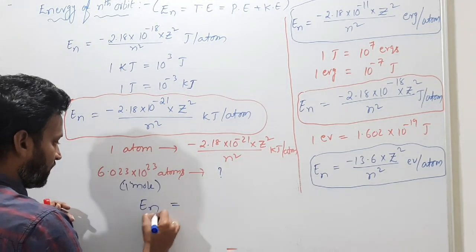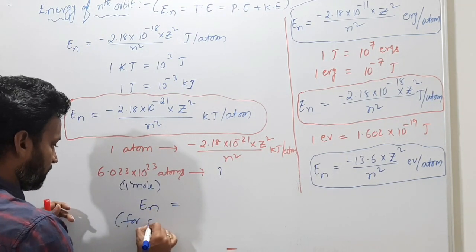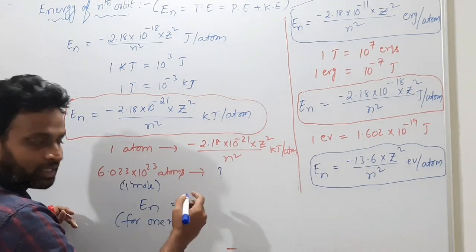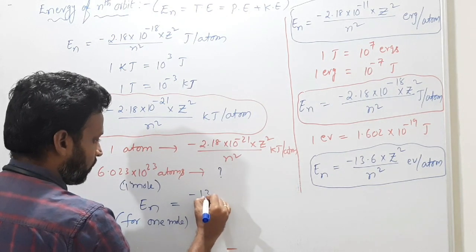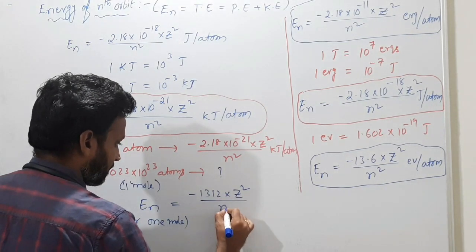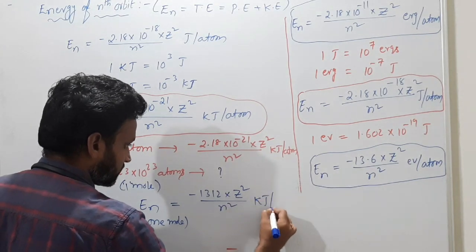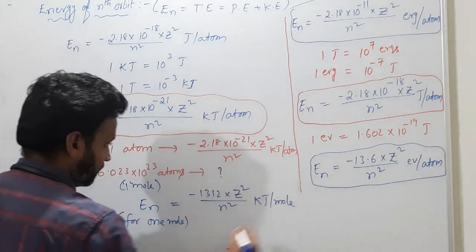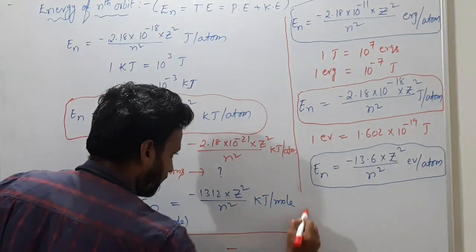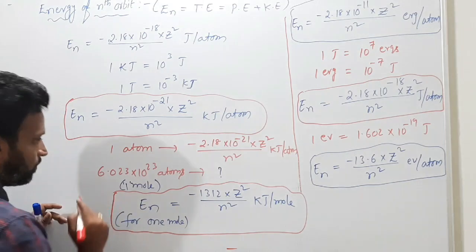Then energy of nth orbit for 1 mole, I will write simplified: minus 1312 into Z square by n square. Now this is kilojoule per mole. Very important. Energy of nth orbit in kilojoule per mole.